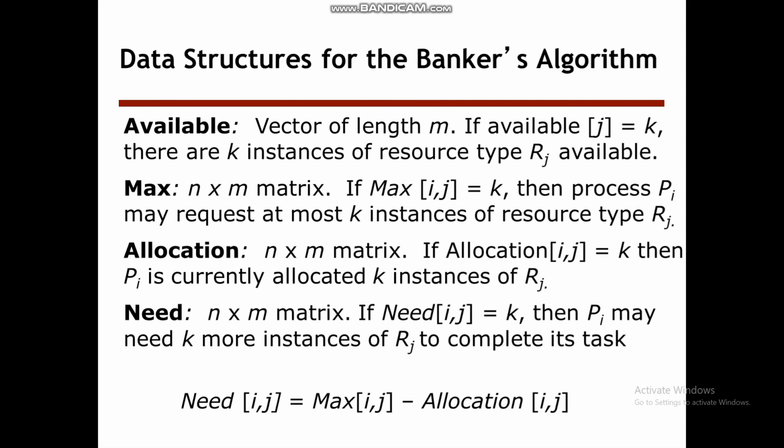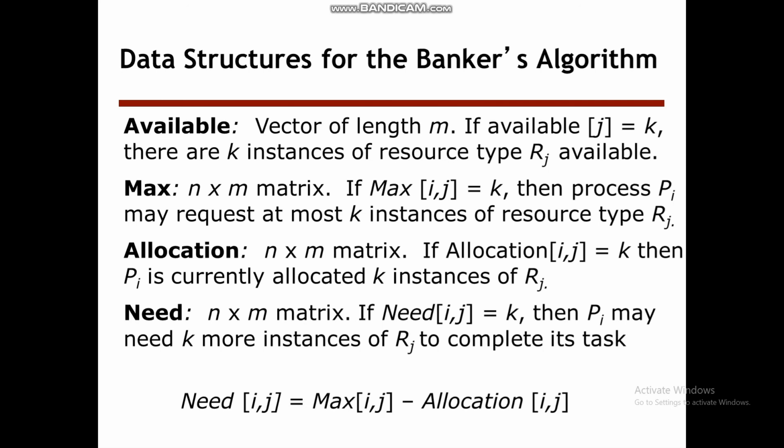In the Banker's algorithm data structure, we have four terms: available, max, allocation and need. Available is a vector of length m, and available[j] equal to k means there are k instances of resource type Rj available. Then max is an n by m matrix. What do n and m stand for? N is the number of processes and m is the number of resources.